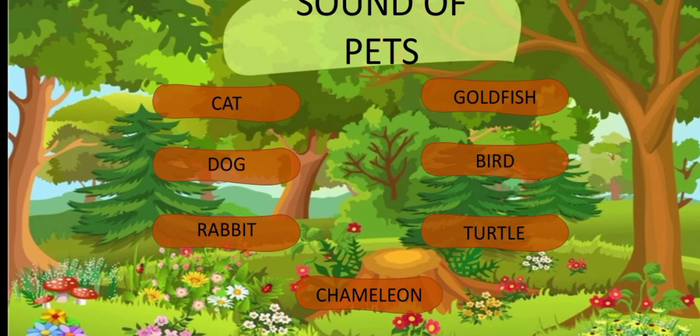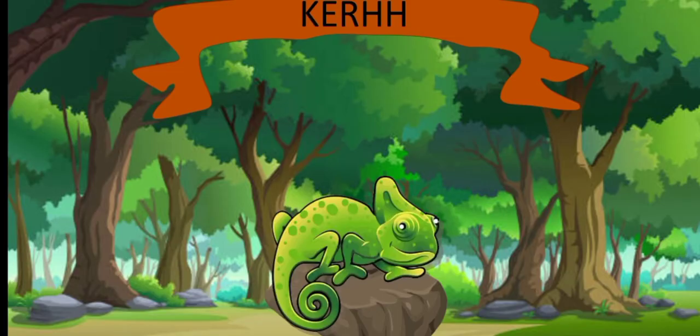They can choose one they love or one they want to look at. For example, if the children want to choose a chameleon, here is the chameleon. In this section, they can hear exactly what the pet sounds like. The chameleon sounds like this.